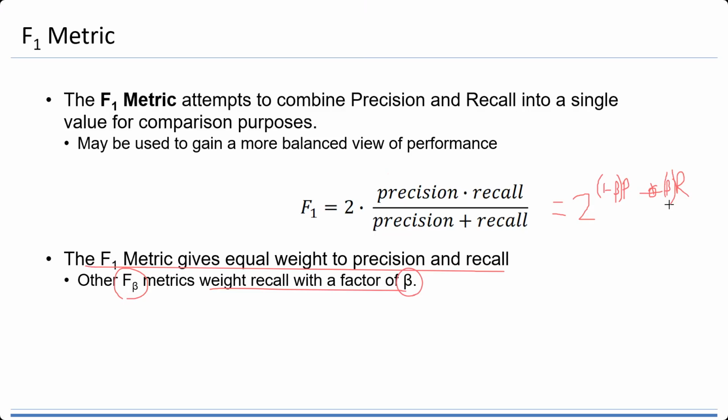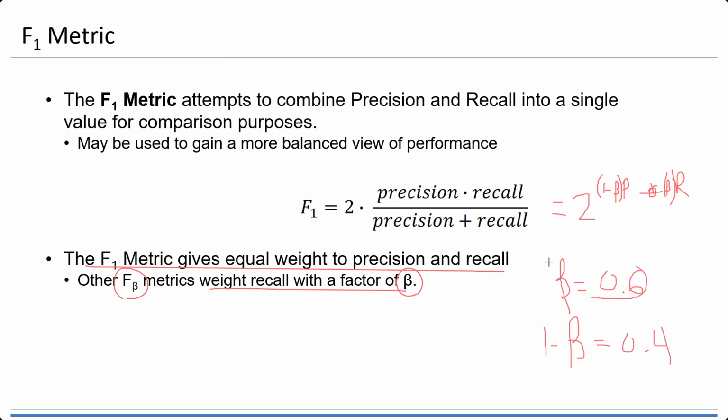Let's say if the beta is 0.6, then 1 minus beta is 0.4.